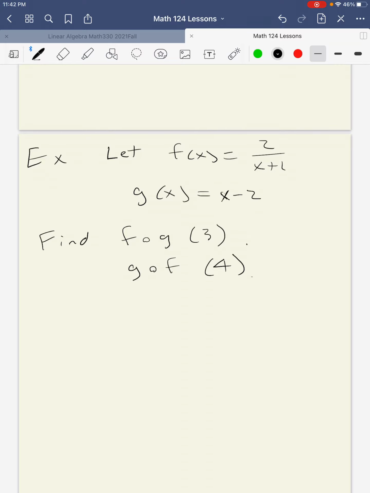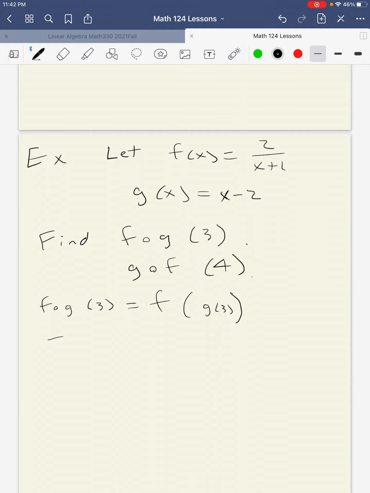Okay, so I haven't told you what these symbols mean yet, and I'll explain that now. It means the following. f of g of 3 means we plug g of 3 into f.